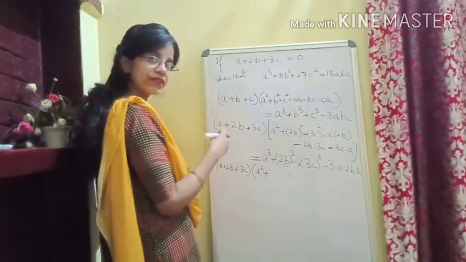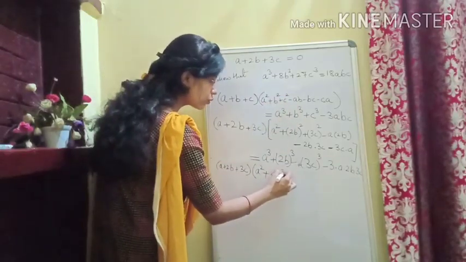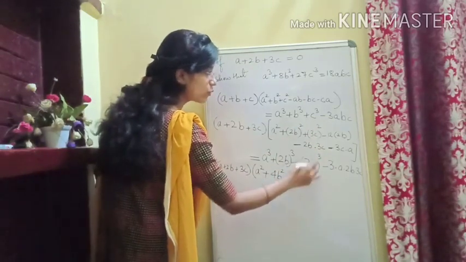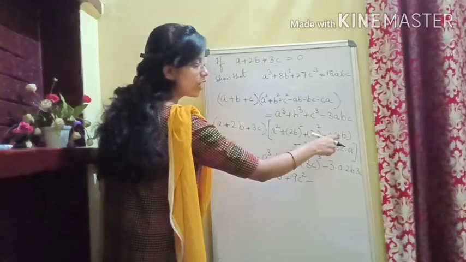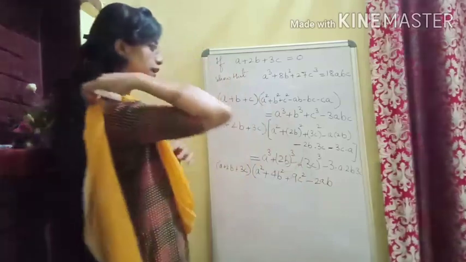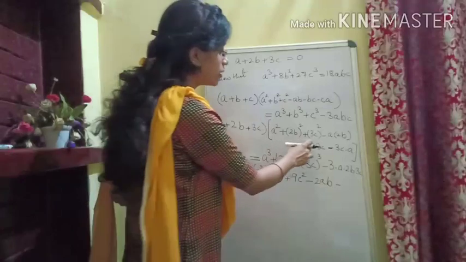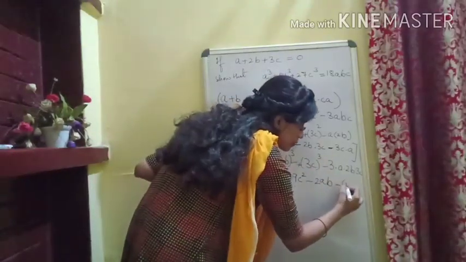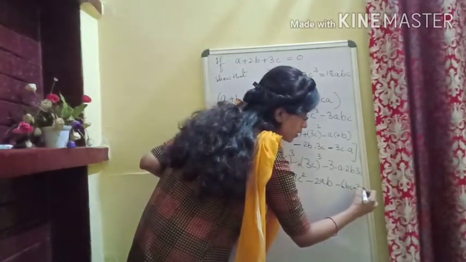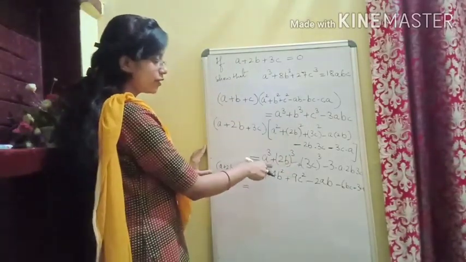Now when you square, we'll square the variable and the number, so it will become 4B square, plus the next term, it will be 9C square, minus 2AB, then minus 2 into 3 will be 6 and the variable is B into C. So it will be 6BC, minus the next is 3CA. Okay, so this is what our LHS looks like, and then we have our RHS.